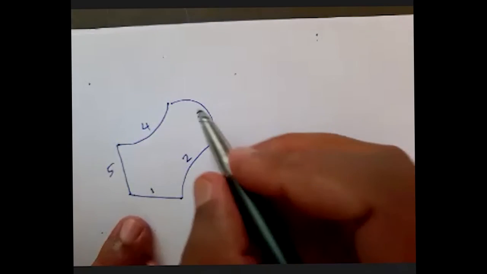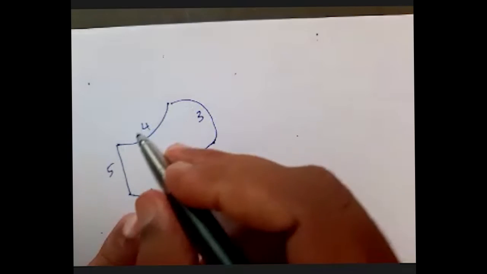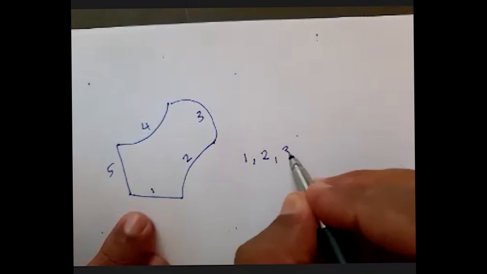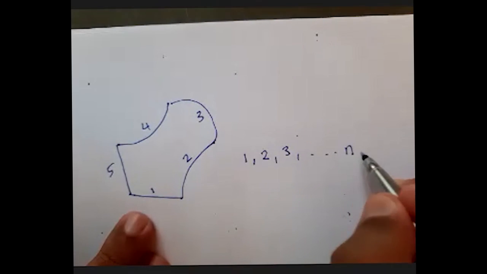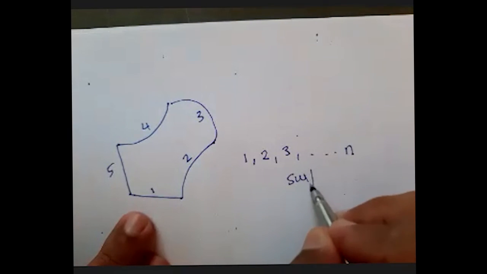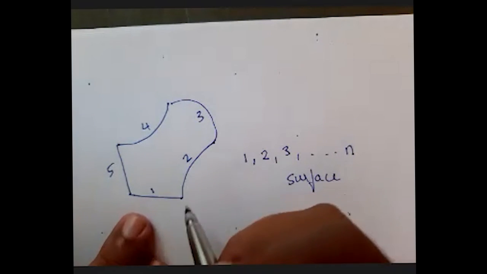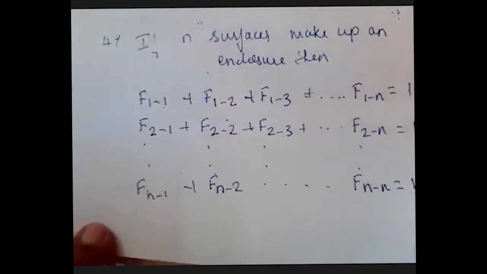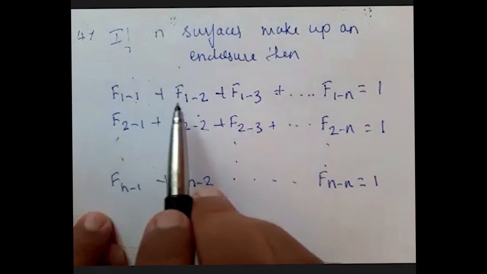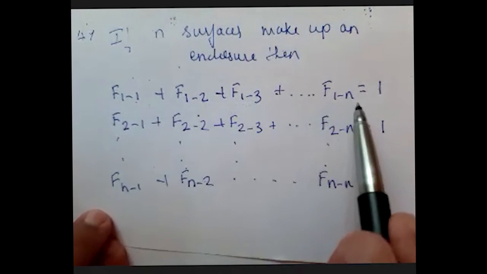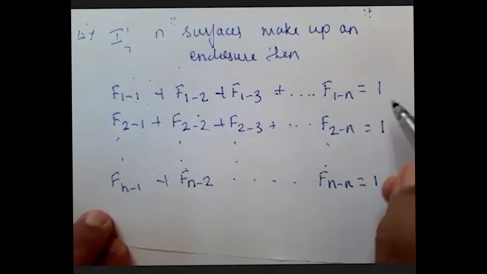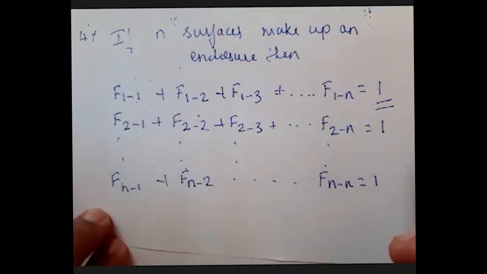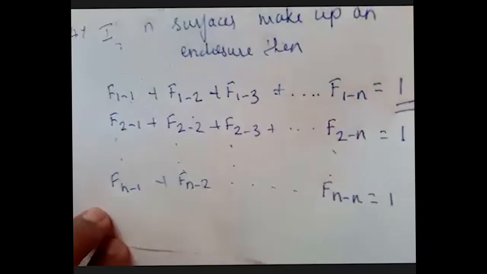If it is an enclosure, that means I have surfaces 1, 2, 3 to n, and the orientation can be anything. In that case, F1-1 plus F1-2 plus F1-3 till F1-n will be equal to 1. The addition of those shape factors should be equal to 1. This is also very, very important.